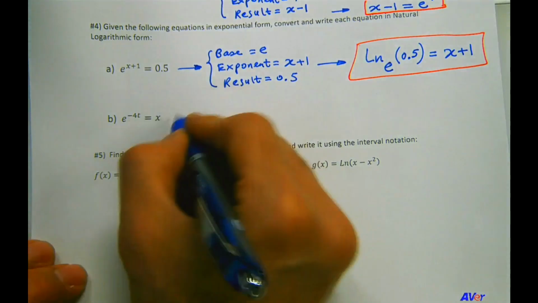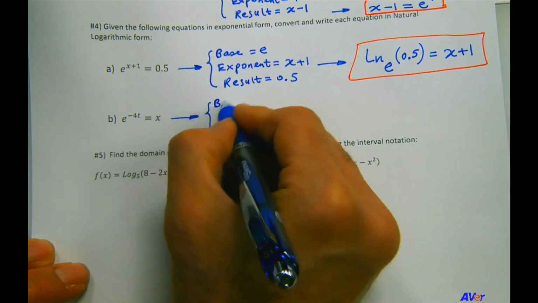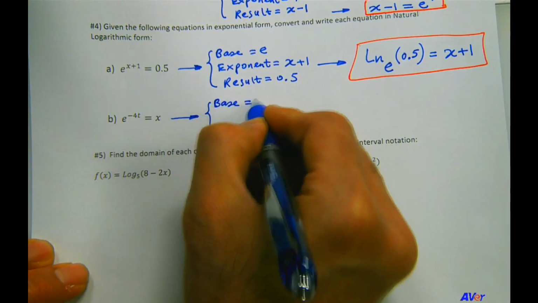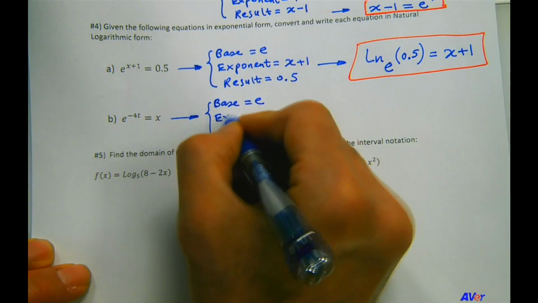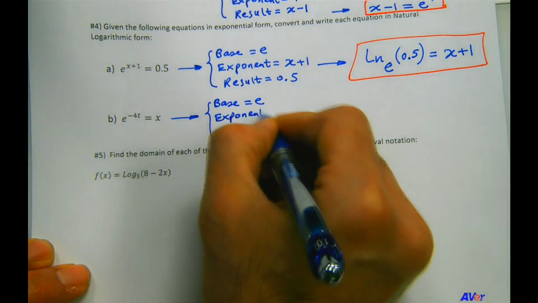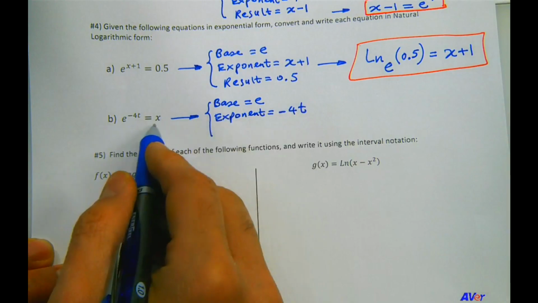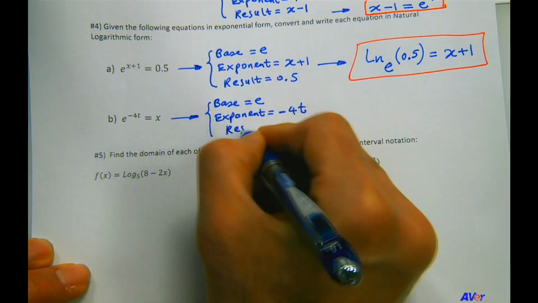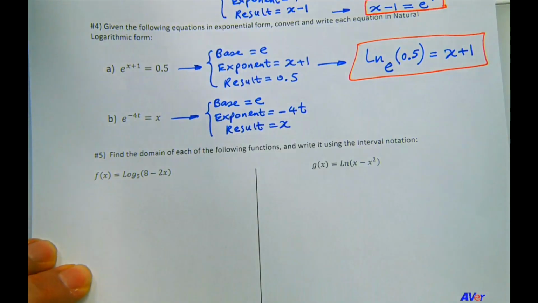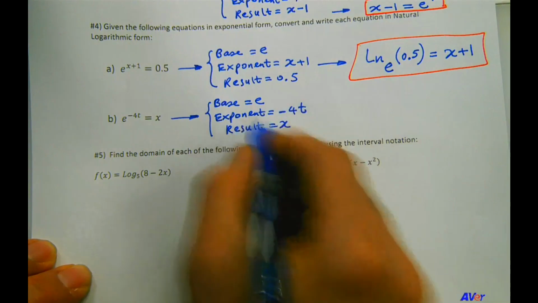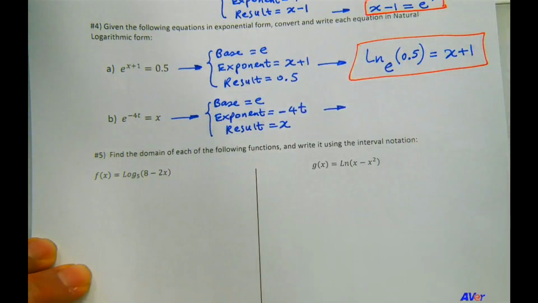And then now this one. So once again, the base here is e. The exponent is minus 4t. And the result is x, like that. Okay, so let's piece this together in natural logarithmic form.